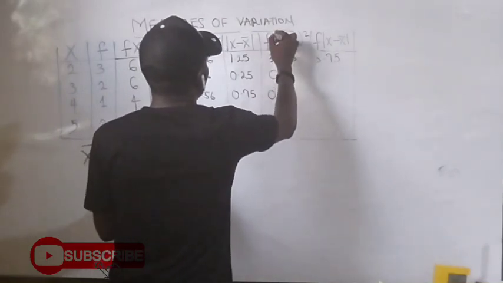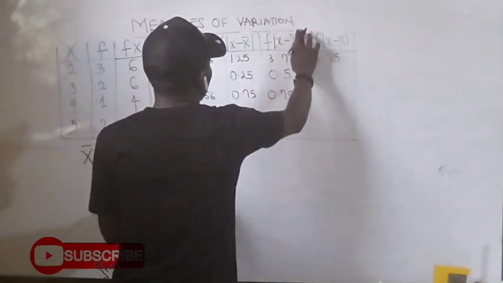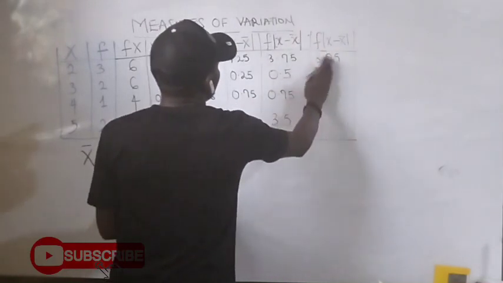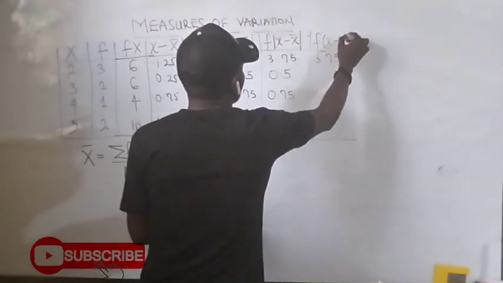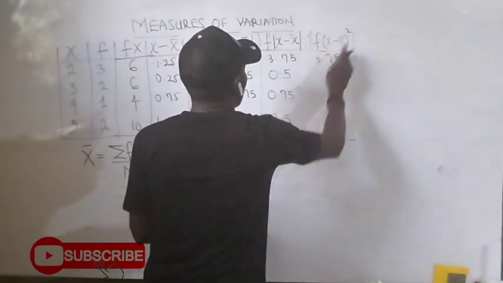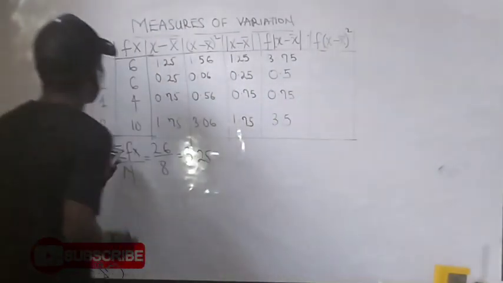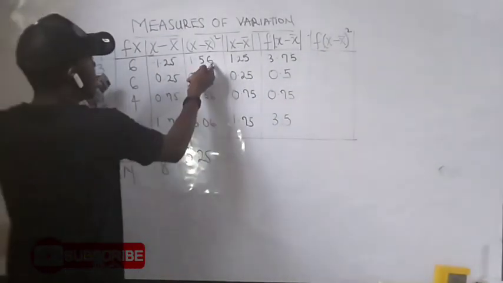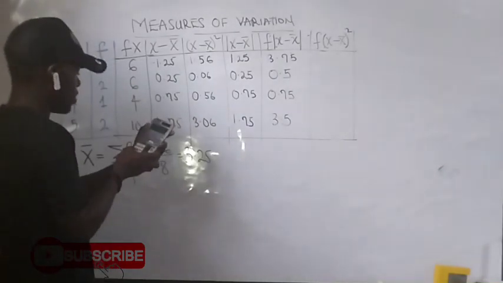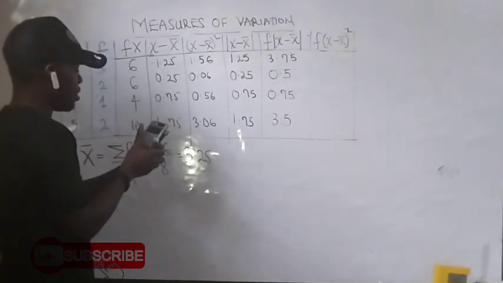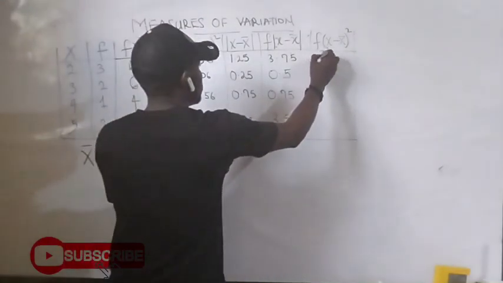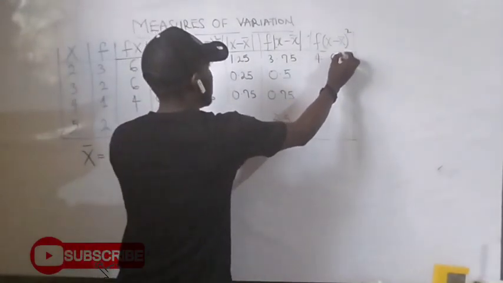Why I changed this to the modulus of x is because I discovered that what I did was to solve for x. Here we simply need the squared, so that I can easily solve for that. So I have 3 times my square here. 3 times 1.56 is 4.68.